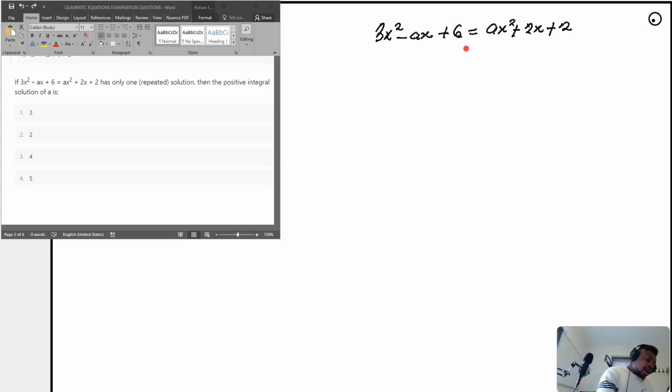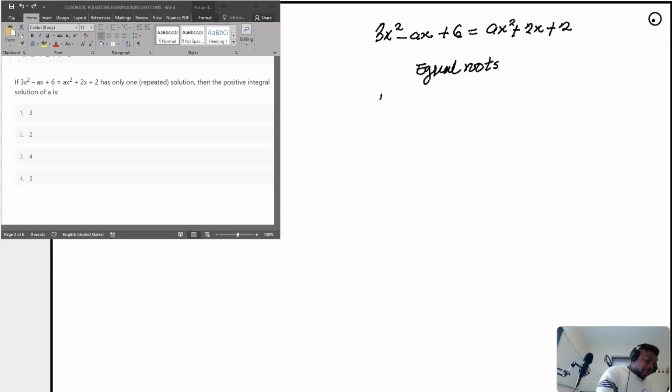Now, when you have only one solution, that simply means they are talking about equal roots. Okay? Which simply means alpha and beta are equal, they are the same. So that is only one root, only same number.